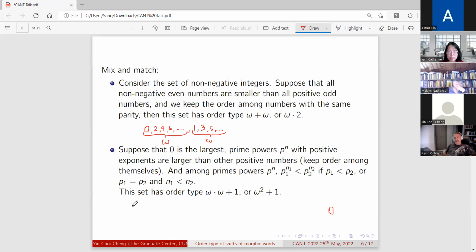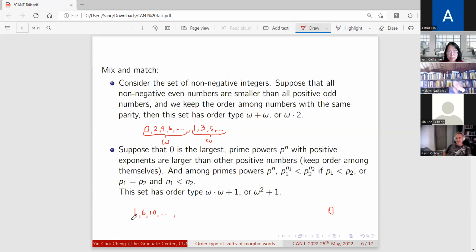So the smallest number would be 1, followed by 6, followed by 10, and so on. And among prime powers, p1 to the n1 is less than p2 to the n2 if the base p1 is less than p2, or they have the same base but exponent n1 is less than n2.